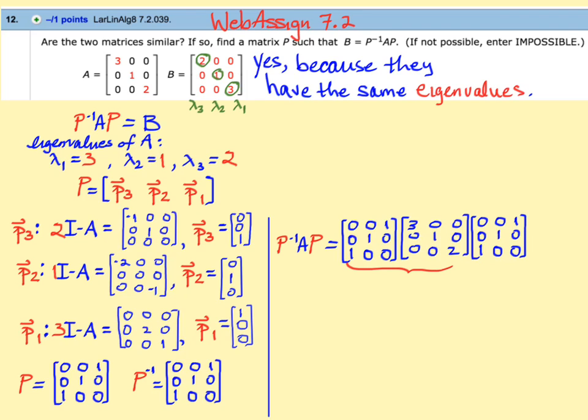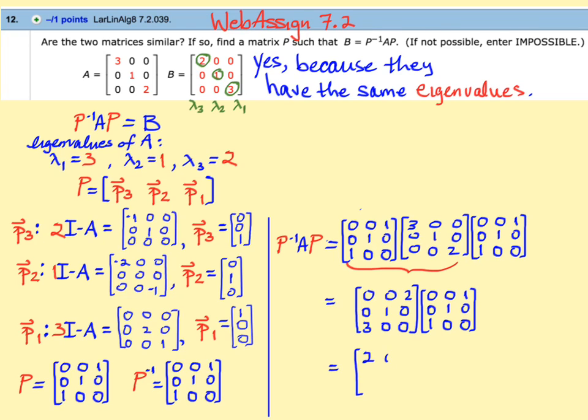Okay, I'm going to multiply P inverse times A. I get this thing. Now I'm going to multiply that on the right by P. And I get this, which is the matrix B, exactly what we wanted to get.